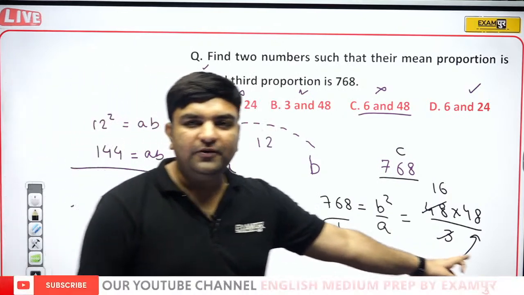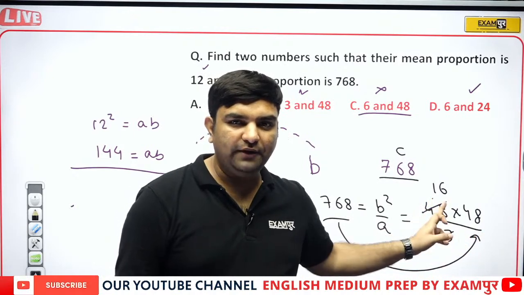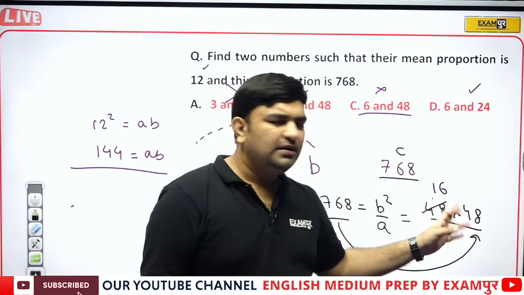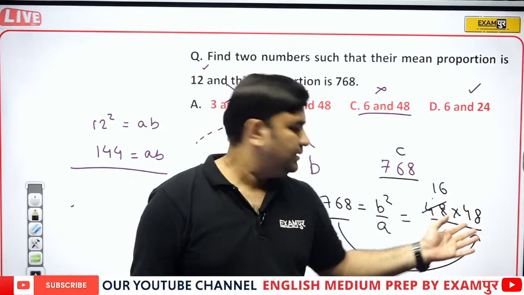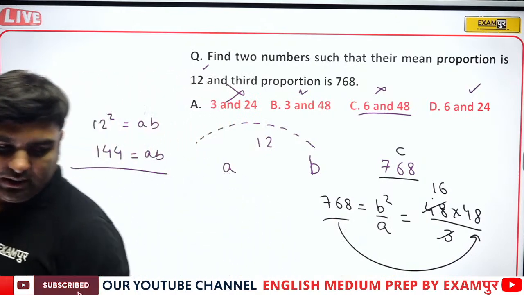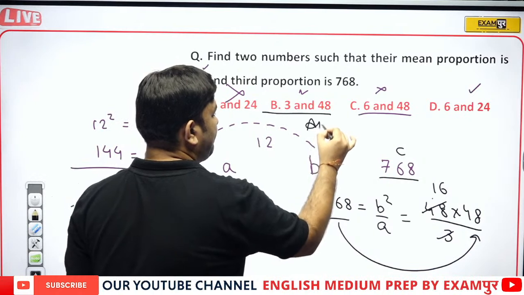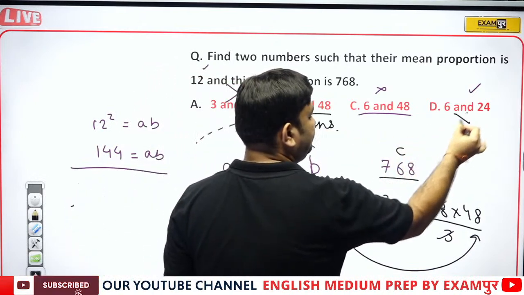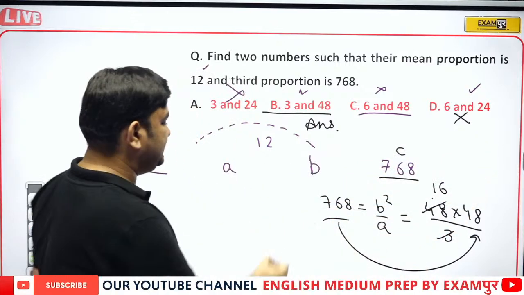A common observation: 48 into 10 is 480, and this is 288, so it will become 768. So this is correct, and this is not, because this will not give you 768.